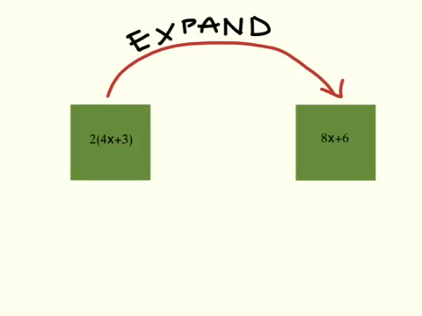That means we need to multiply. And what does it mean when we multiply? It means we use the distributive law, which works by doing it like this: 2 times 4x and 2 times 3. And then we end up with 8x plus 6.